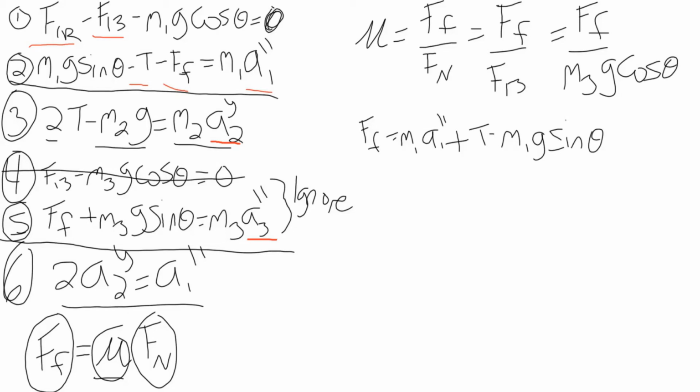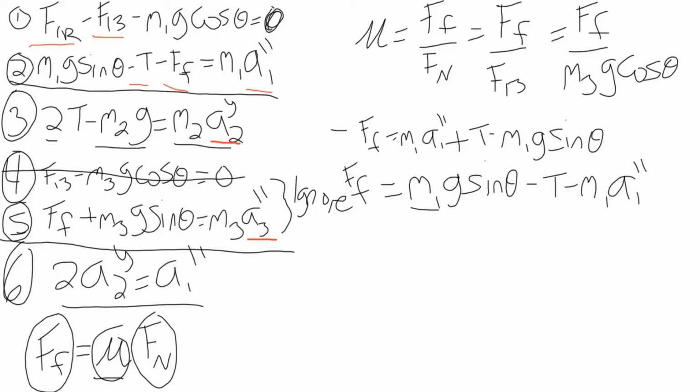And I messed up, so all of that has a minus sign in front of it: minus ff is m1 a1 parallel plus t minus m1g sine theta. I don't like the minus sign there, so I'm just going to write a new line. Sorry, you guys. m1g sine theta minus t minus m1 a1 parallel.